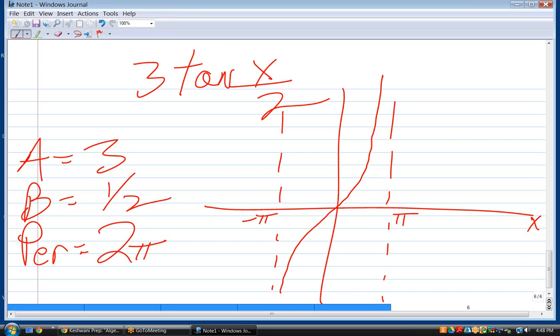And in case you ever have any doubts as to your graph, whether it's right or not, in other words, should I have gone from 0 to 2 pi instead of from minus pi to pi, if you're asking yourself that question? Well, notice that when I plug in 0 for x, tangent of 0 is 0. So I still have to go through that point right there.